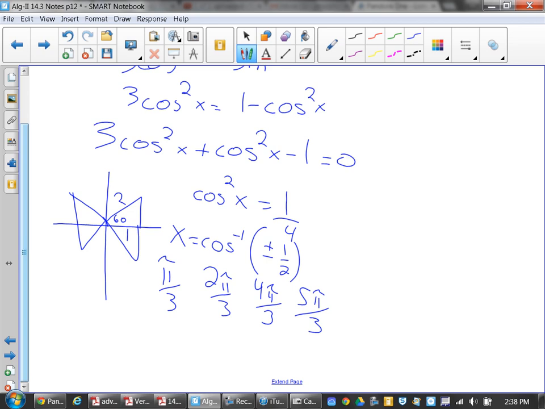It'll specifically say solve for x, find the general solution. Will there be any problems that won't be between 0 and 2 pi? Nope, because that's how we've always done it. Why change it now? Yeah, exactly right.